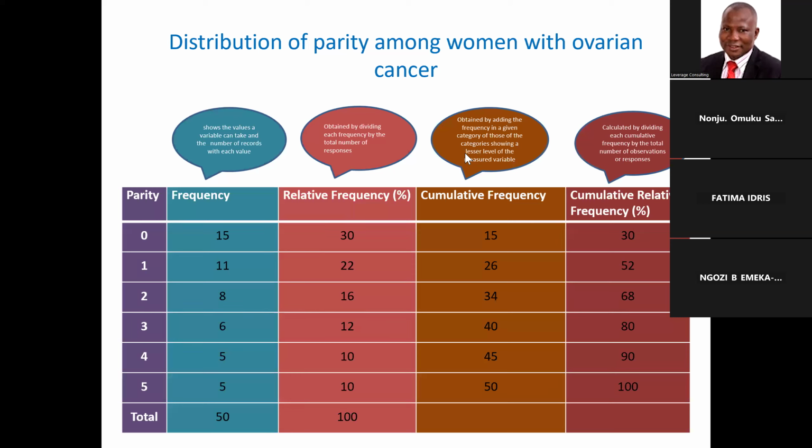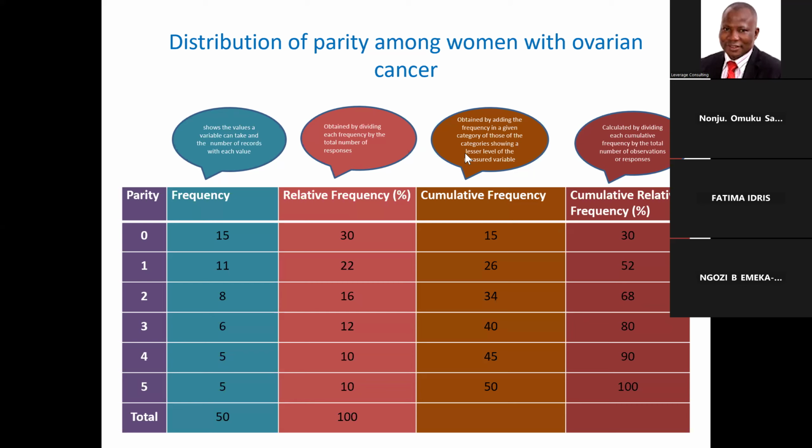For some of us that are non-medical people, parity is the number of times a woman carries a pregnancy to term. When I say to term, to maturity, forget about how the child was delivered, whether by CS or vaginal delivery, it doesn't really matter, or whether the child is alive or not, it doesn't really matter.